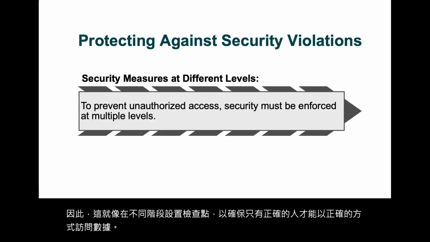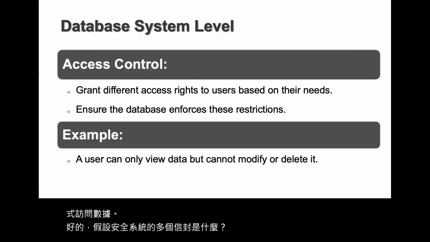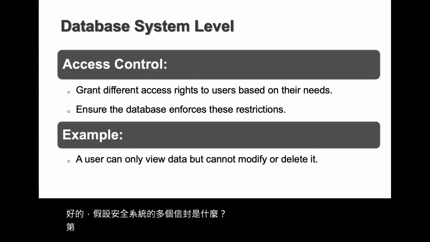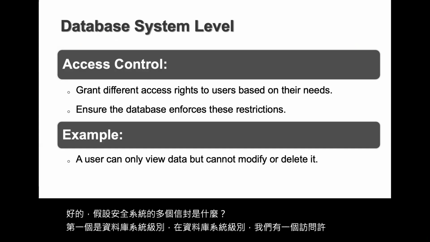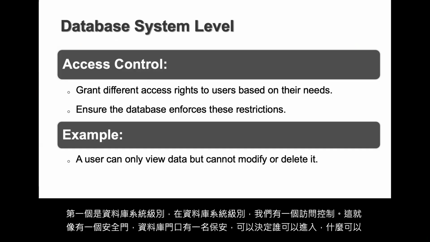Okay, let's check what are the multiple levels of the security system. The first one is the database system level. And in the database system level, we have access control. It's like having a security guard at the door of the database who can decide who can enter and what they can do inside the database.